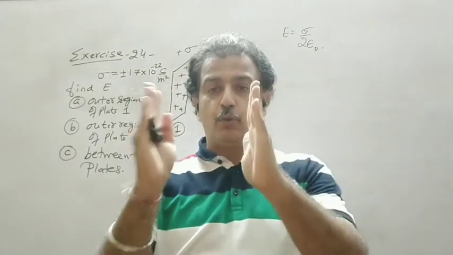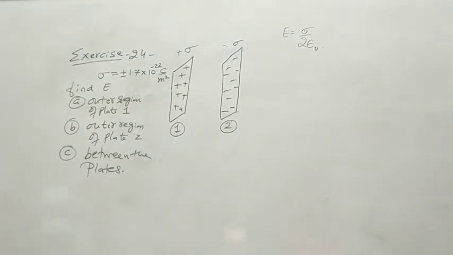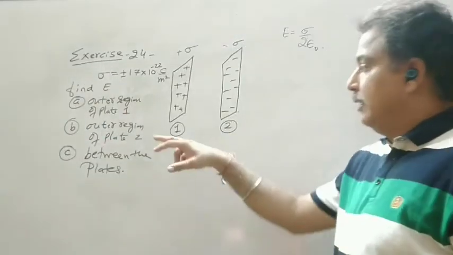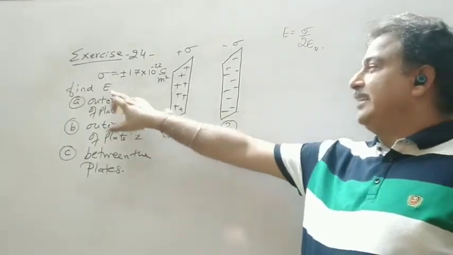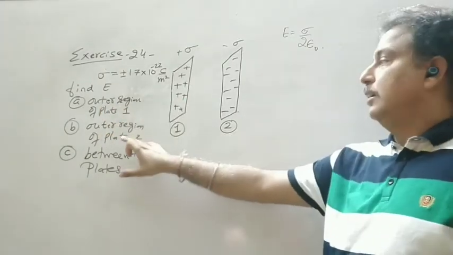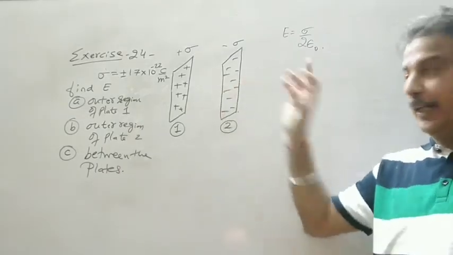The question is, find out the electric field intensity in the outer region of plate 1, the outer region of plate 2, and between the plates.